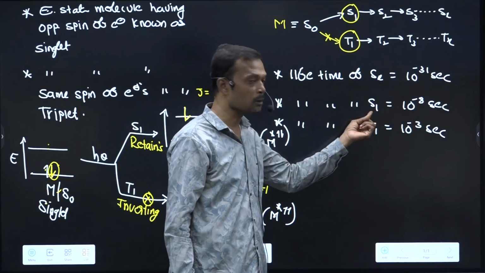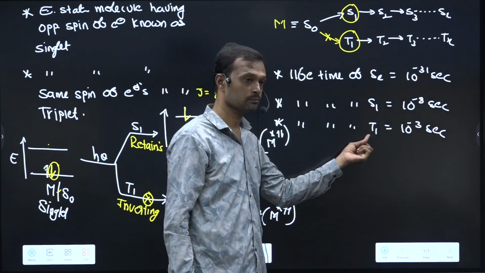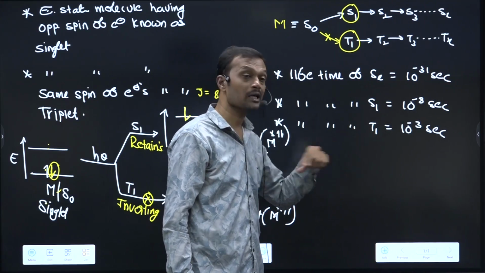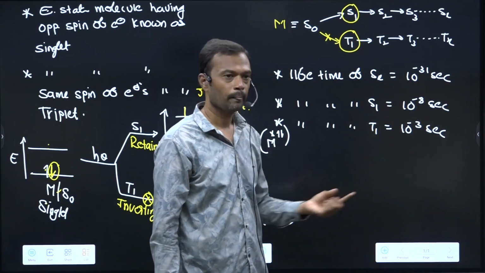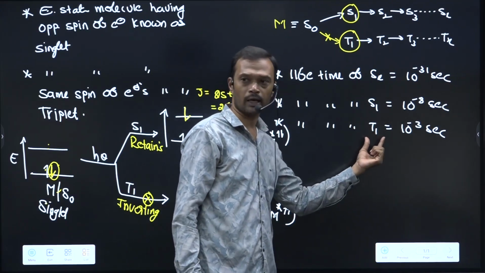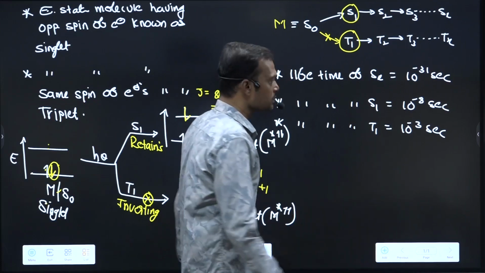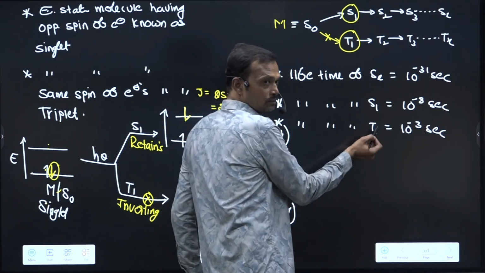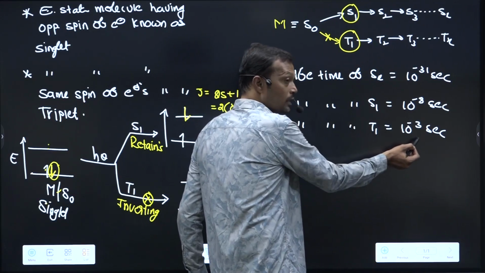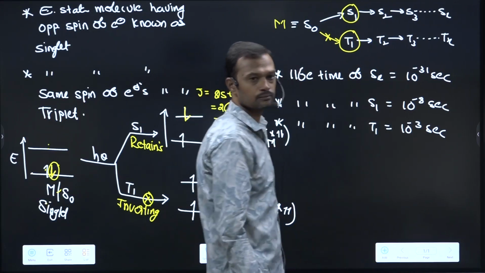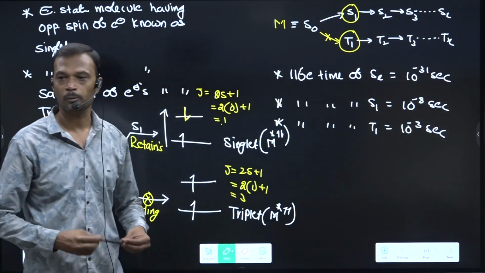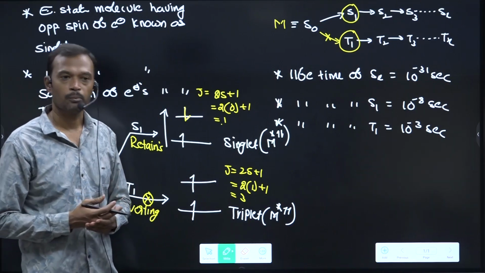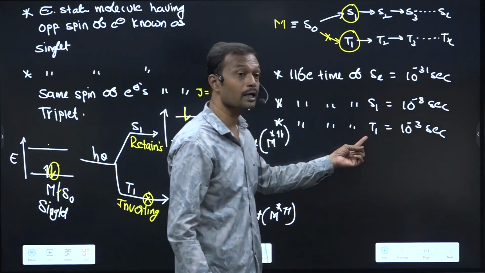If the lifetime increases and it spends more time, then chemical reactions are very high and effective. That's why triplet reactions give excellent yield as compared to singlet. What is the key reason for triplet reactions? Triplet reactions give a high lifetime.